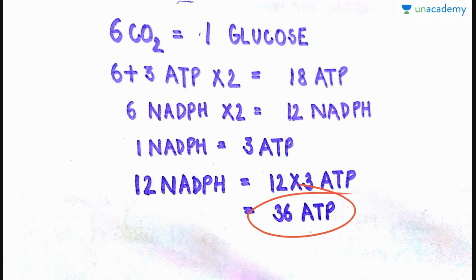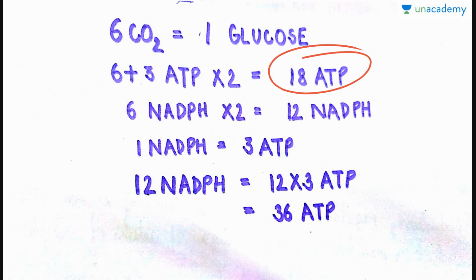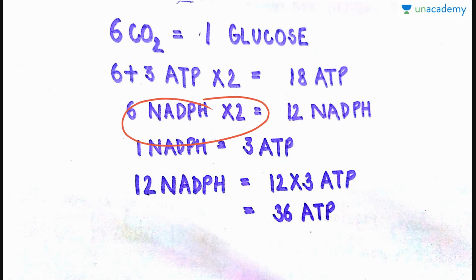These assimilatory powers are required to produce glucose, and the amount of ATP utilized is 18 ATP directly, and for NADPH, 36 ATP in terms of NADPH are required.